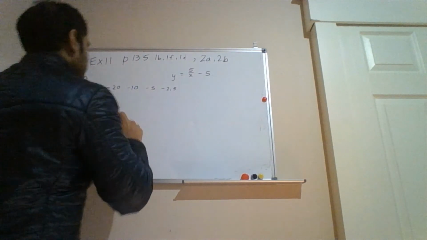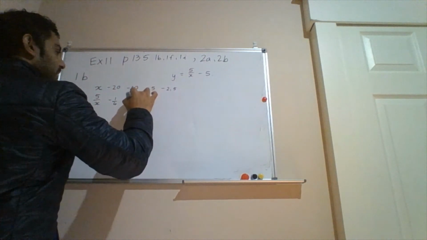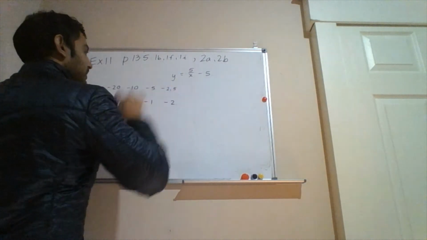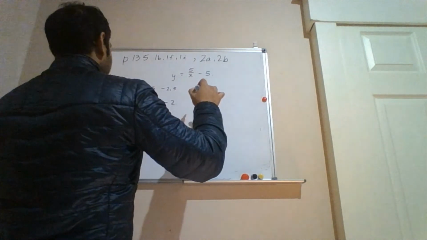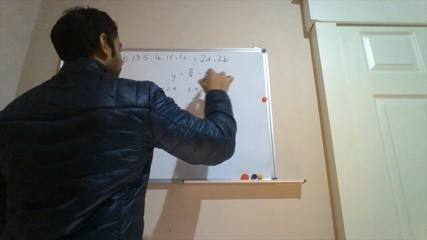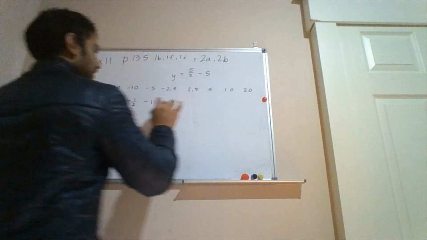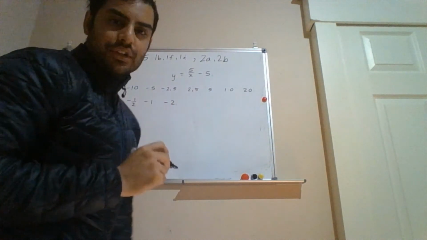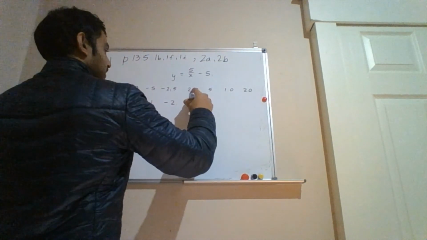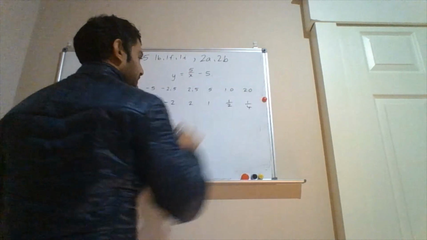So 5 divided by negative 20 is negative a quarter, then negative half, negative 1, negative 2, and I mustn't forget the positive values. So I'm going to have 2.5, 5, 10, 20. And these negatives are going to be mirrored for the positive x values. So I'm just going to write 2, 1, half, quarter.